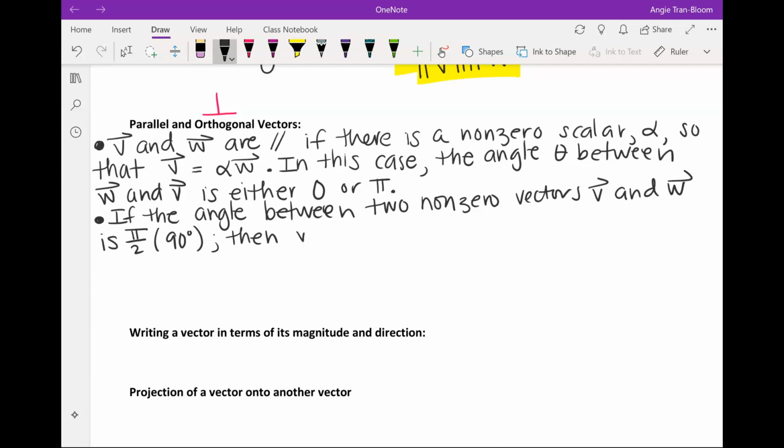Yep. Then vector v and vector w are orthogonal. I'll take this upside down T symbol if you don't feel like spelling out the word orthogonal.